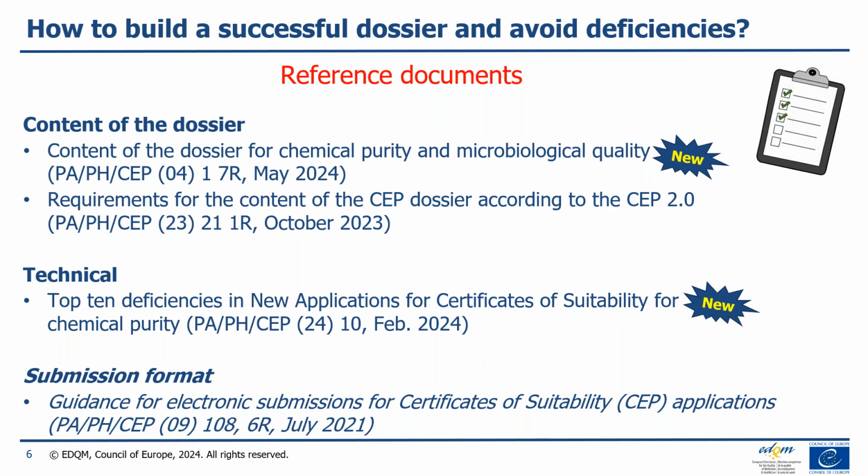Those which relate to the content of the dossier, so our core guidance, content of the dossier for chemical purity and microbiological quality, which has a new version that came out in May this year. And another document which came with the implementation of CP 2.0, which resulted from an effort and great work on modernization of the CPs, which depicts the requirements for the content of the CP dossier according to CP 2.0.